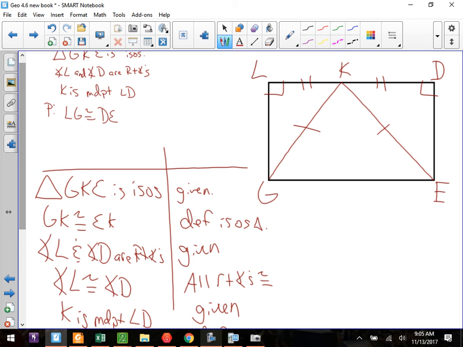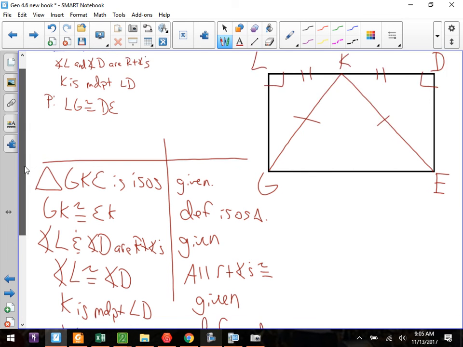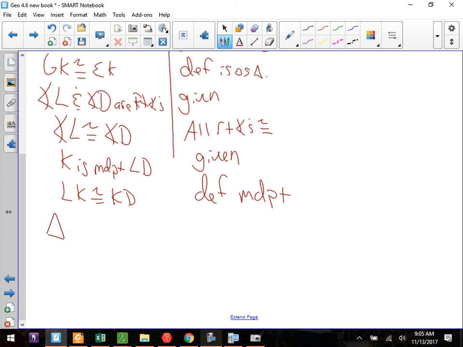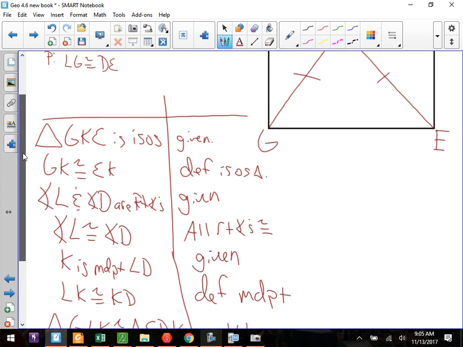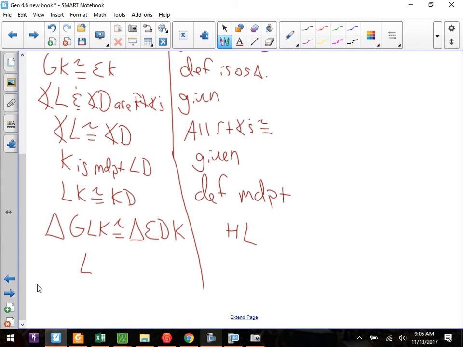So what happens now is you've got your triangles, GLK and EDK, by hypotenuse leg. And then lastly, it said to go and say that LG and DE are congruent. And what's the reason?